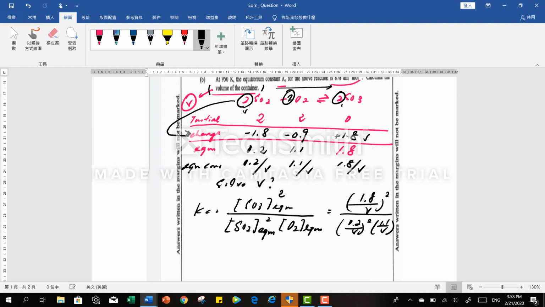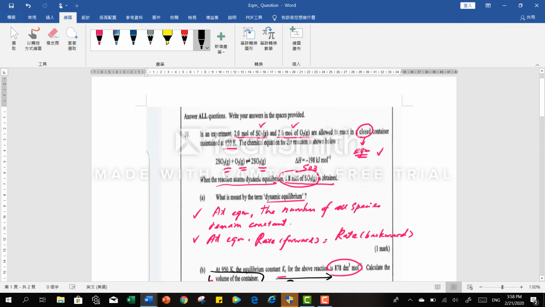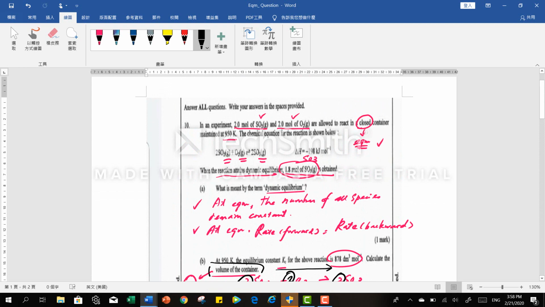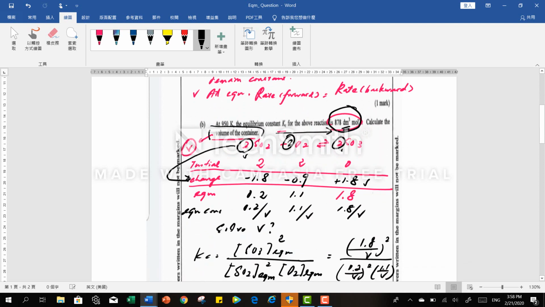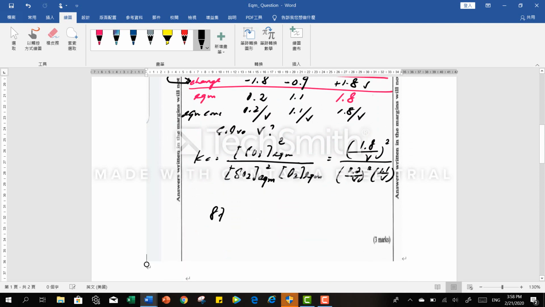Okay? Oh, the Kc is given. Kc, is it given? Yeah, the Kc here, 87 in dm cube. Okay, 87. So it will be 87 equals to this thing.